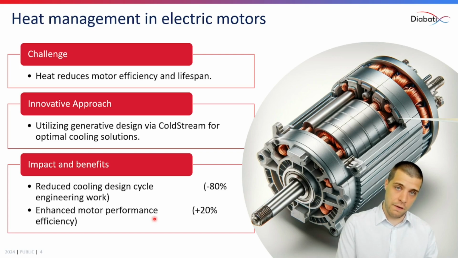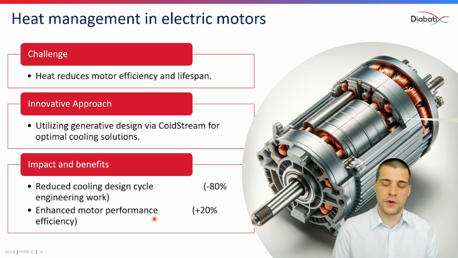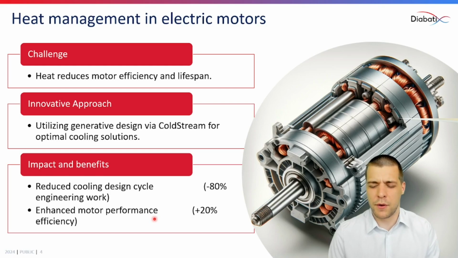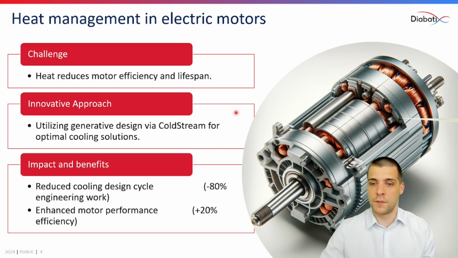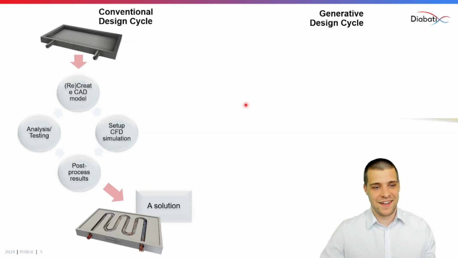But if you tackle it early on, throughout the layout of the electric motor, for example, you tackle it in a much more efficient way, resulting in better temperatures, and thus also better performance of the electric motor. I hope I convinced you.